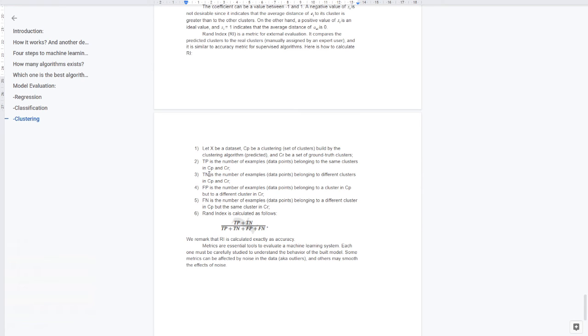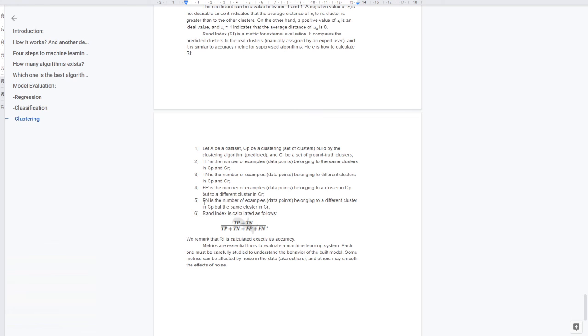Three, true negative is the number of examples, data points, belonging to different clusters in clustering predicted and clustering real. Four, false positive is the number of examples, data points, belonging to a cluster in clustering predicted but to a different cluster in clustering real.